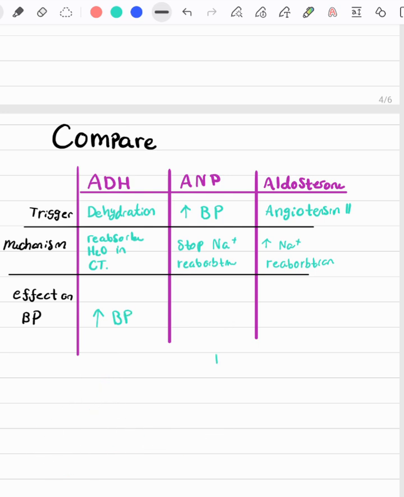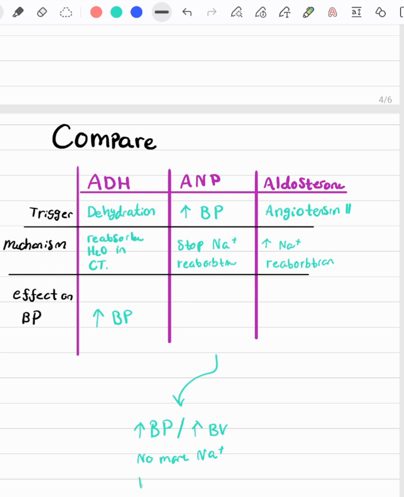Next, let's look here at atrial natriuretic peptide. It was released when blood pressure was too high, or you could say your blood volume was too high. So then it's going to say no more sodium, and you're going to pee out all of this water.